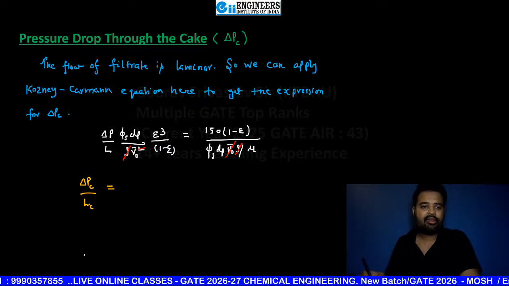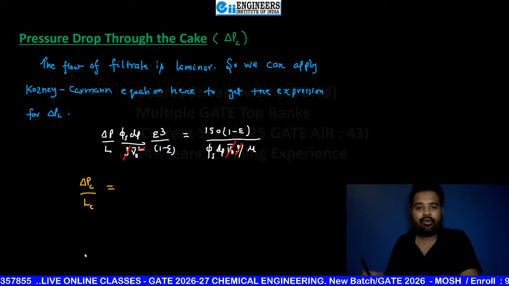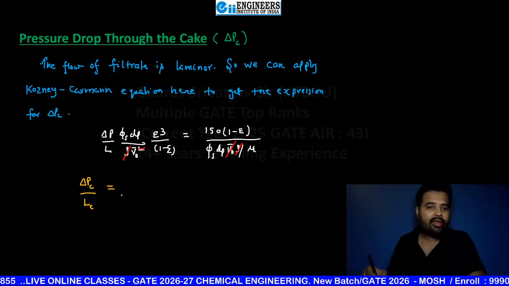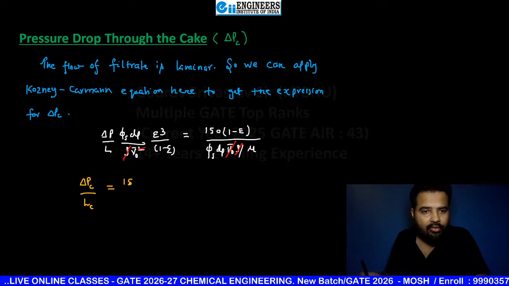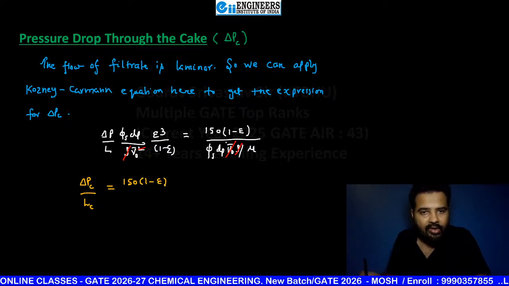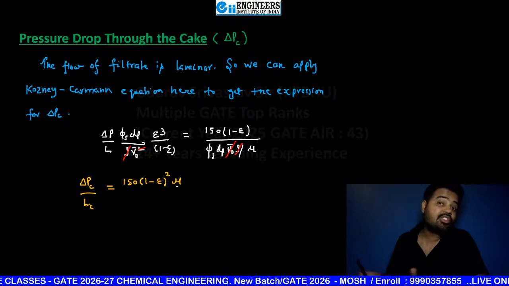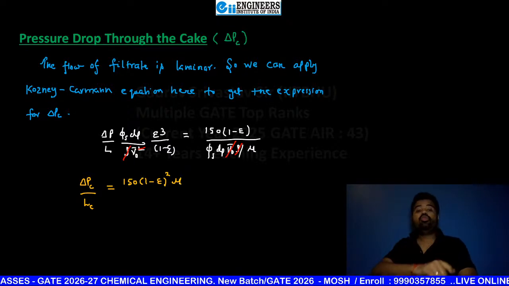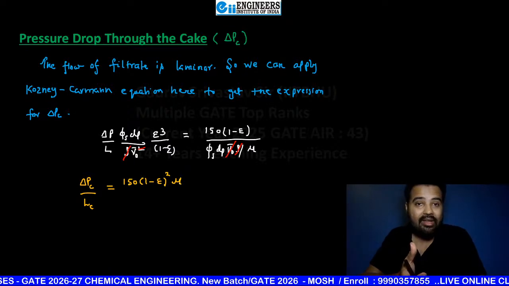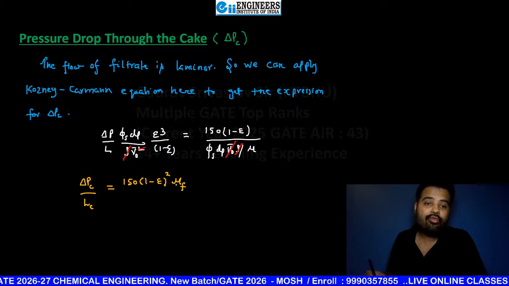Delta PC upon LC, where LC is the thickness of your cake, equals 150 times 1 minus epsilon square, and this mu will be above. Now which mu is this? Is it the mu of your slurry? No, it is the mu of your filtrate.